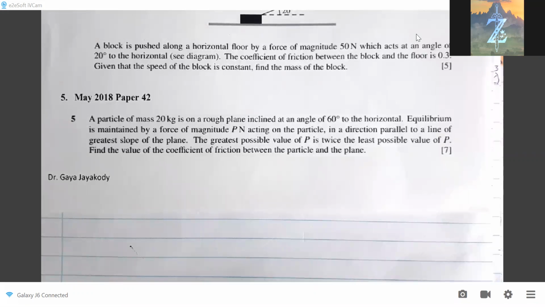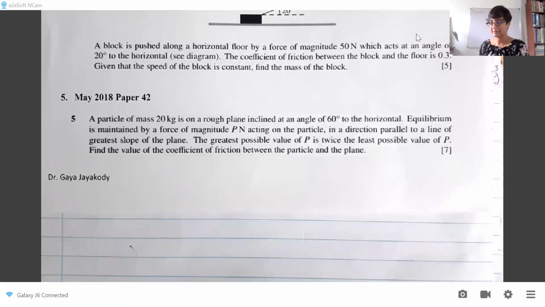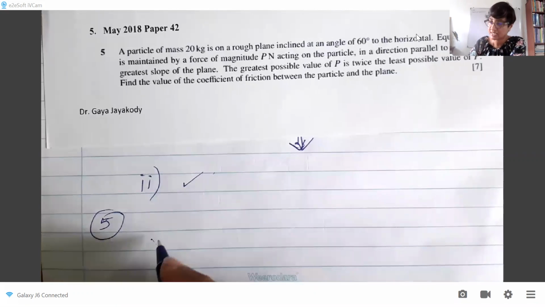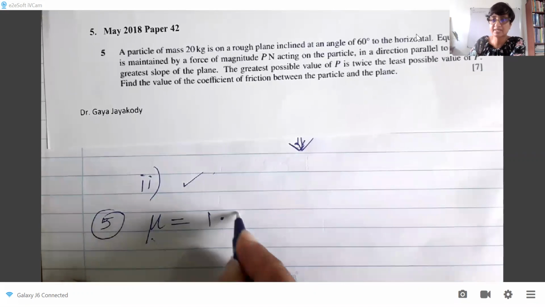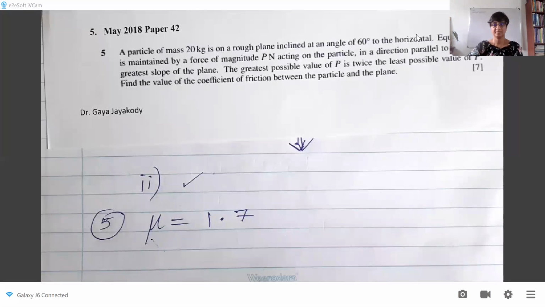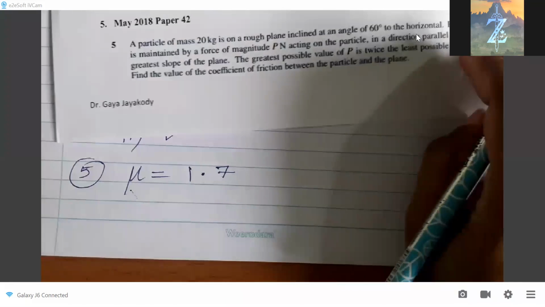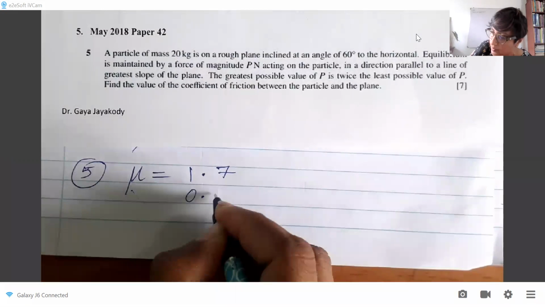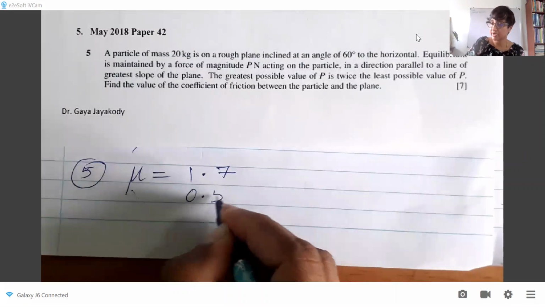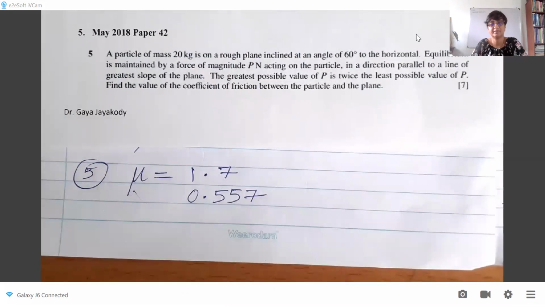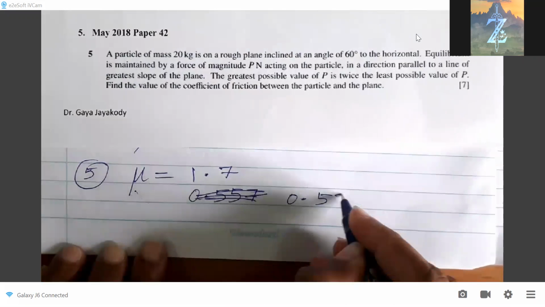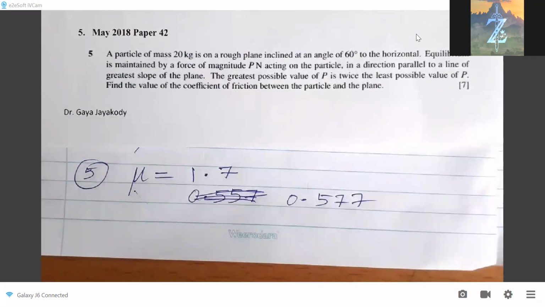Kavindi got 1.7. So this is question number 5 in the worksheet. Kavindi got 1.7. Miss, yes, I got 0.577. Nathan got 0.557. Sorry, Miss, 0.577. Any other answers?